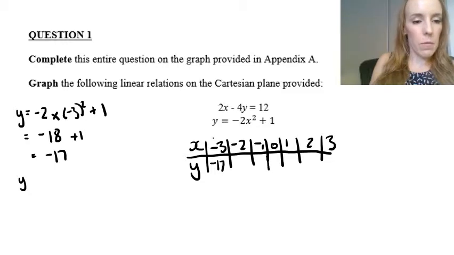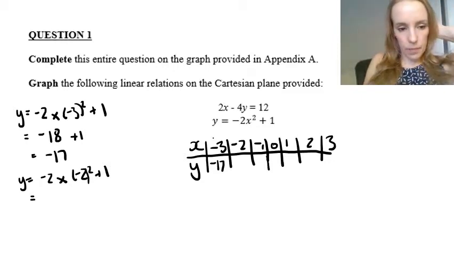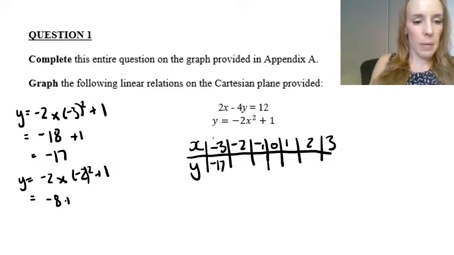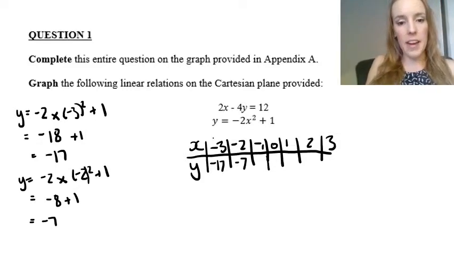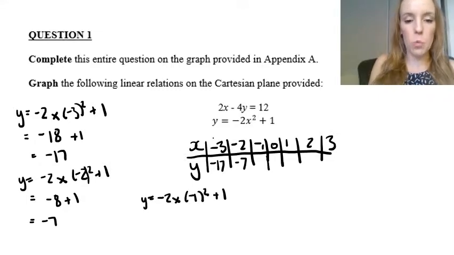For my second one, y equals negative 2 times negative 2 squared plus 1. So negative 2 times 4 is going to be negative 8 plus 1, negative 7. Running out of space, you'd work down the page. So y equals negative 2 times negative 1 squared plus 1.